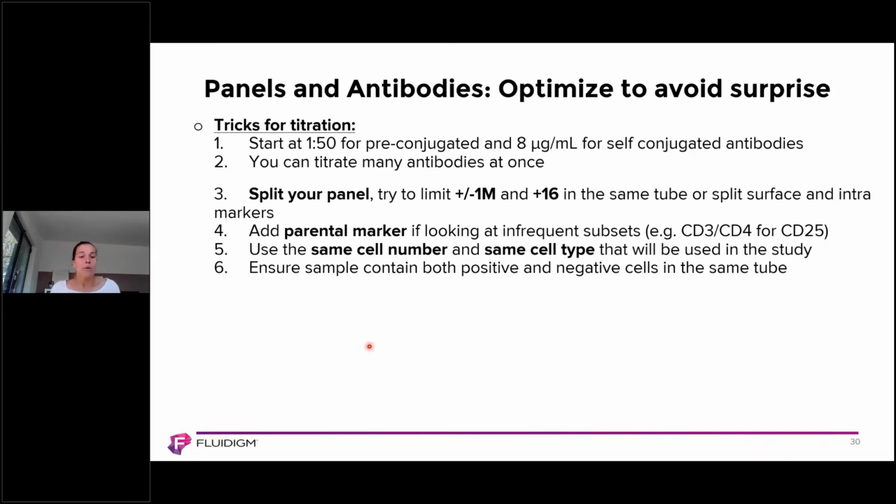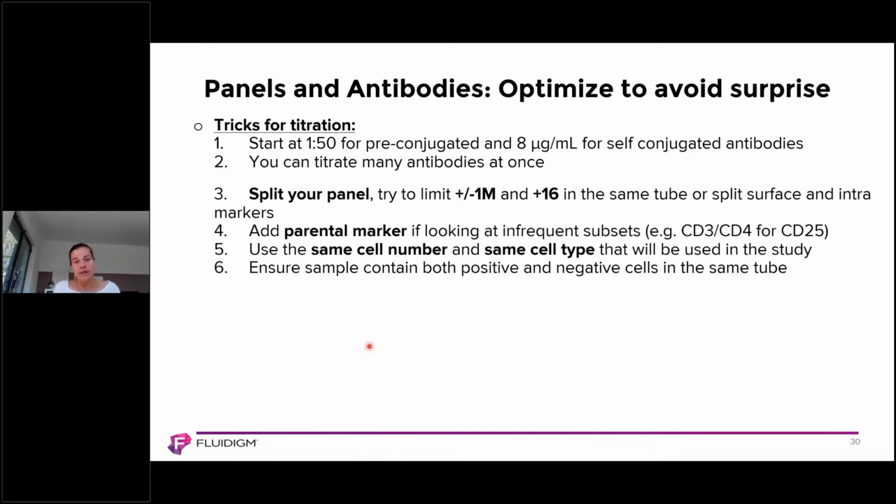Always use a parental marker if you are looking at a subset, for example, if you want to look at FOXP3 or CD25 on Tregs, use CD3 and CD4 to be sure that you will look at this marker in the good population. And like this, you will also be sure that your marker is specific if you do a homemade conjugation, for example.